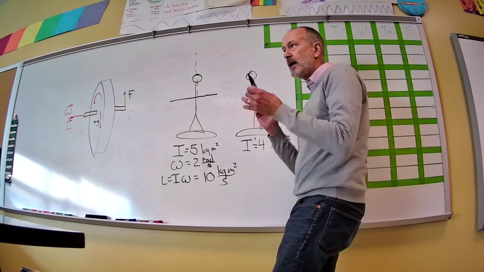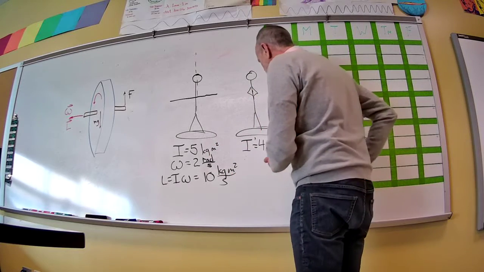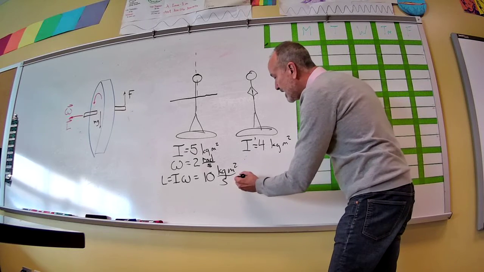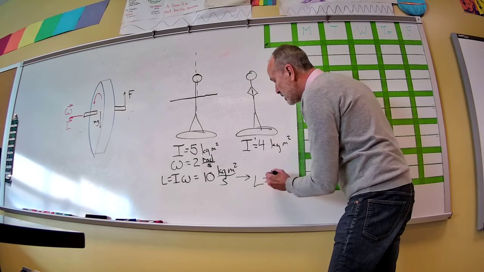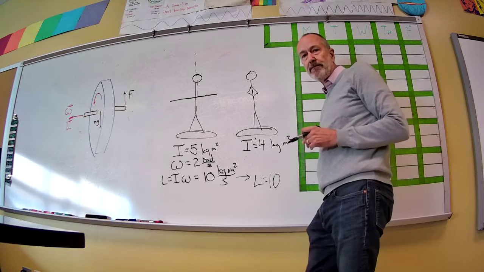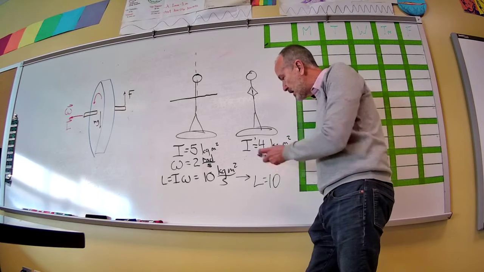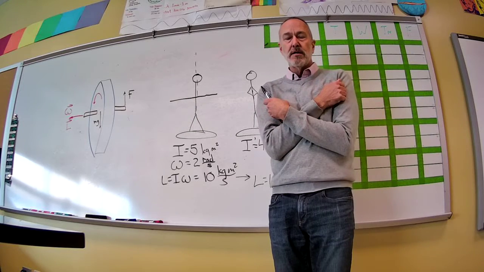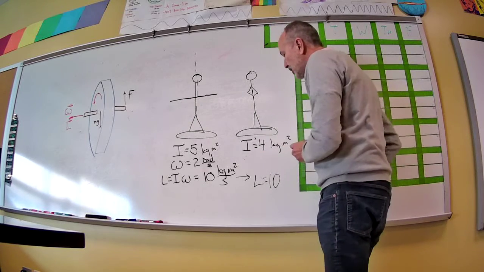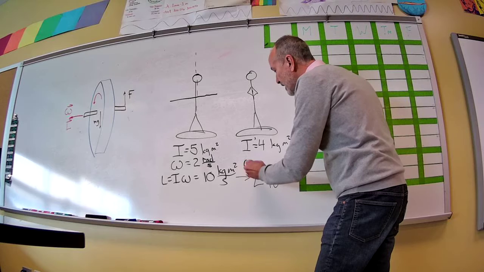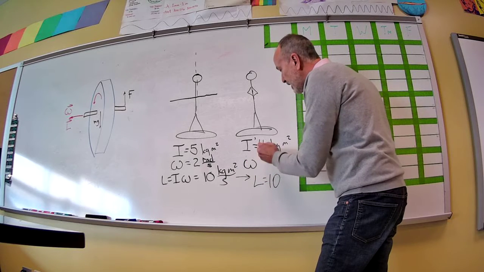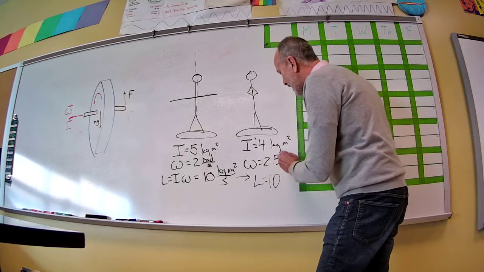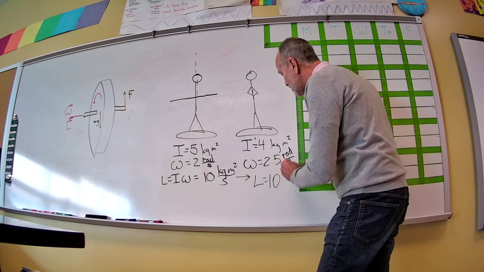It's meters per meter is a way of thinking of it. So afterwards, I had the same angular momentum. There was no net external torque on me, but I decreased my rotational inertia. And so my omega, 10 divided by 4, went up to 2.5 radians per second.